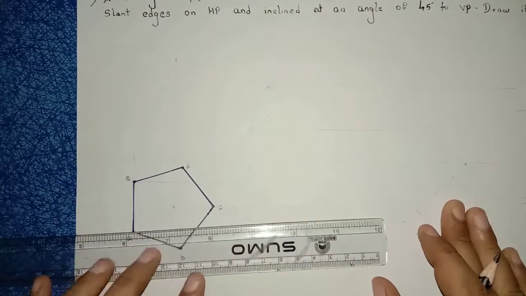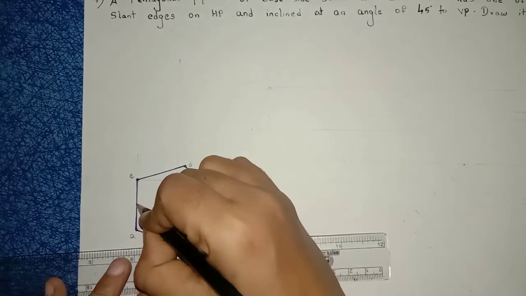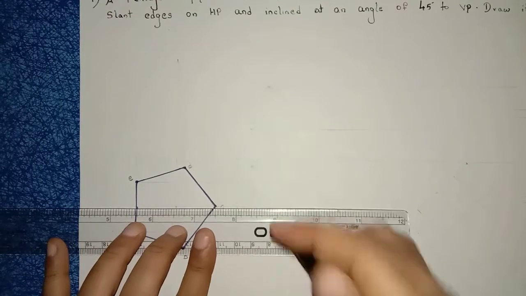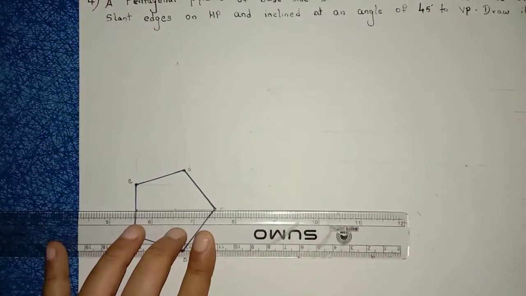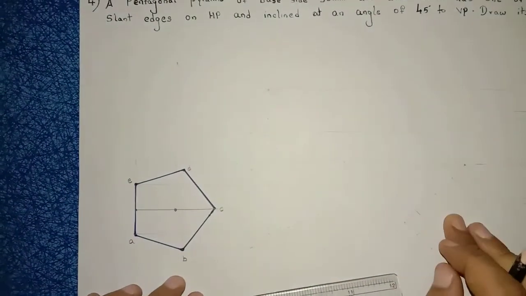Right, after that mark the midpoint for A and E. Right, now through that midpoint draw a line from this corner. Right, now whatever the line you are drawing, mark the midpoint for that line.